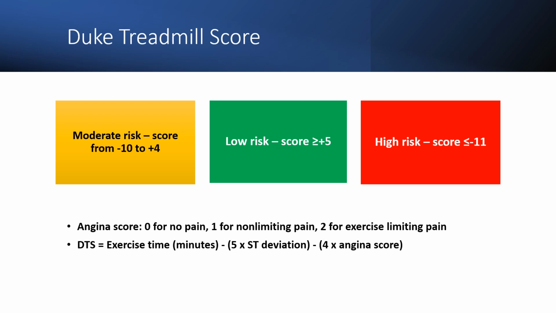As I shared, calculating the Duke treadmill score requires a bit of math and can be done using online calculators, and it can be done after the test is complete. A moderate risk score is anywhere between -10 to +4. A low risk score is greater than 5, and a high risk score is less than -11.